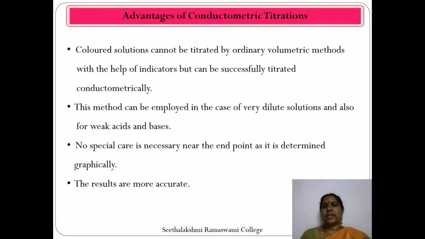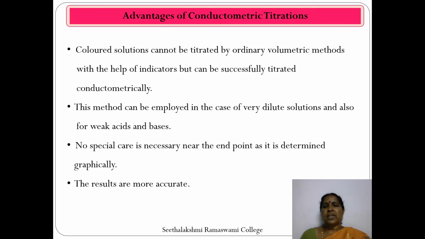Advantages of conductometric titrations. Using the volumetric method, colored solutions cannot be titrated by adding indicators. In those cases, conductometric titrations can be employed. This method of titration can also be used for the titration of very dilute solutions and also for weak acid versus weak bases.